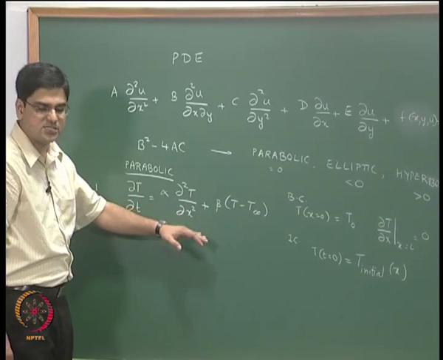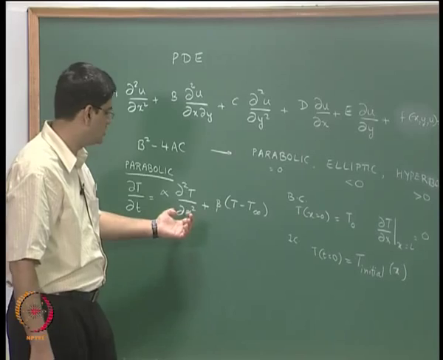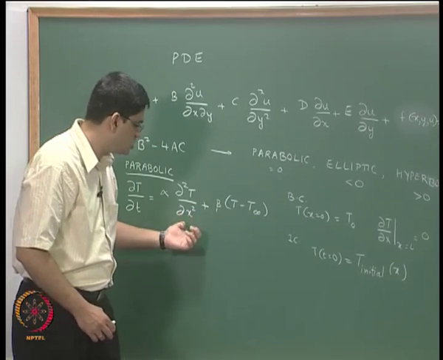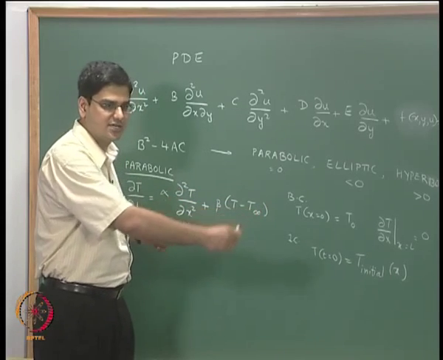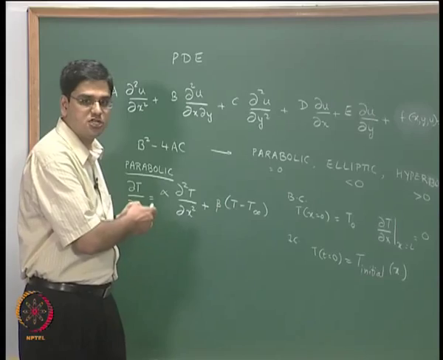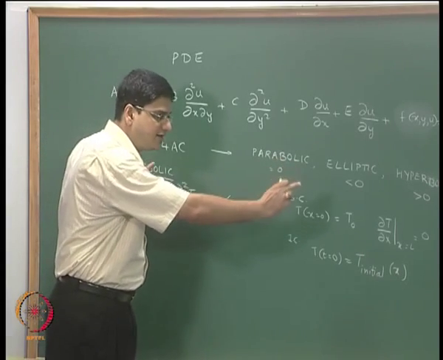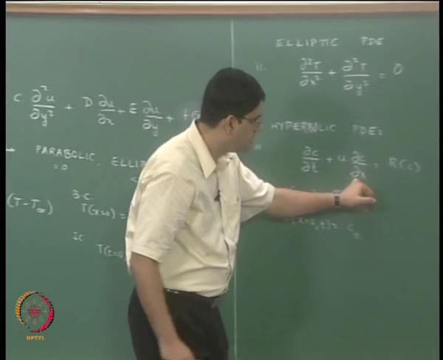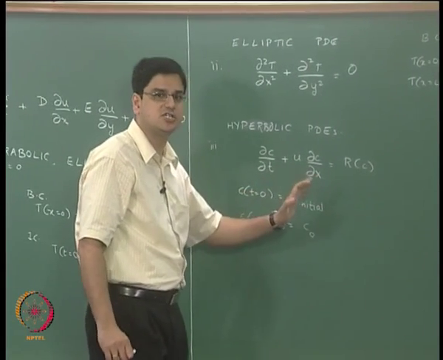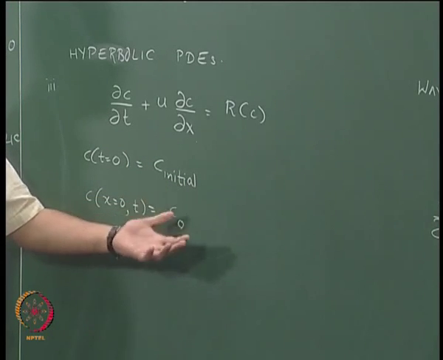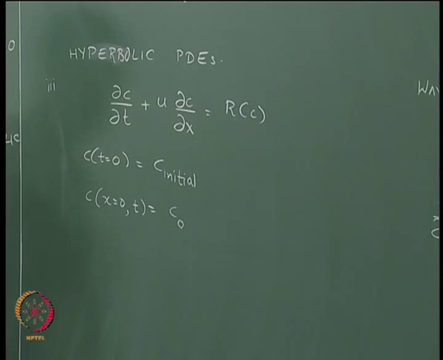What we mean by the presence of the diffusion term when we try to solve these equations numerically is that the overall solution in the x direction is going to be determined by two boundary conditions, whereas in this particular case the overall solution in the x direction is going to be determined by a single initial condition.